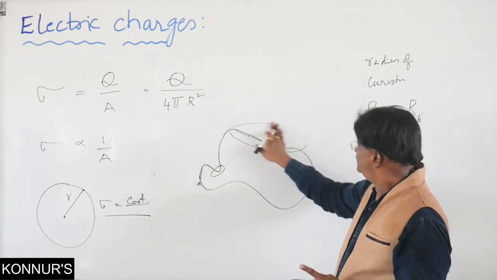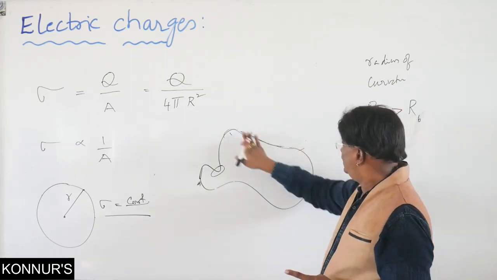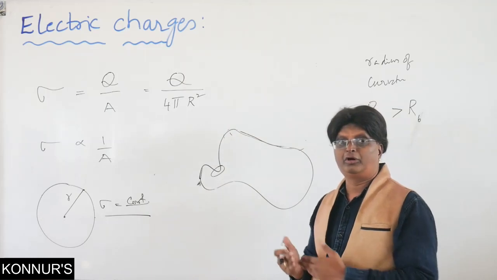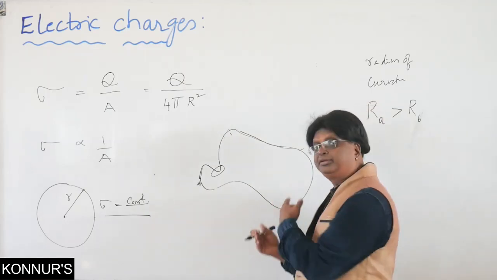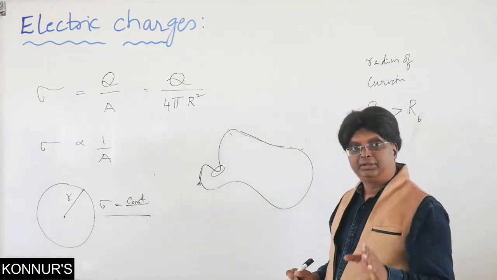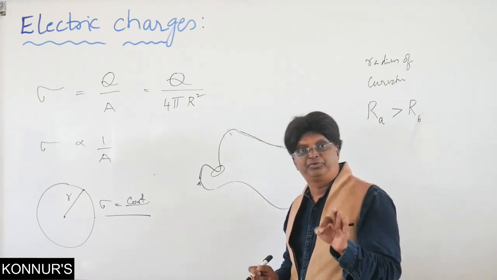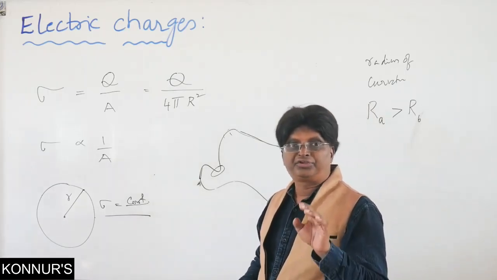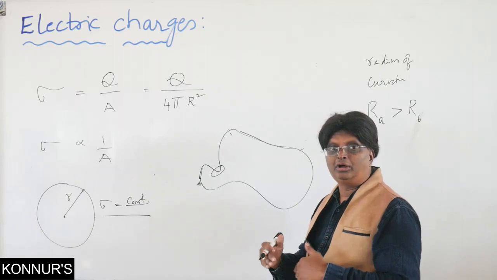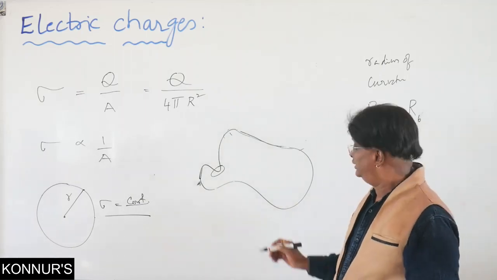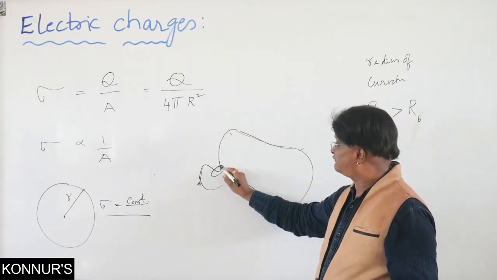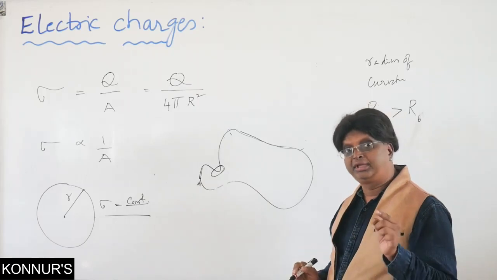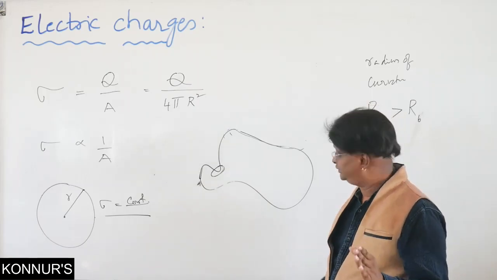Therefore, now when this kind of conductor of arbitrary shape is charged, then it is not a uniform distribution of charge. Charge gets distributed non-uniformly such that more curvature, I am talking about degree of curvature, no confusions.